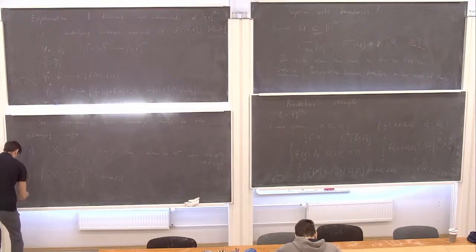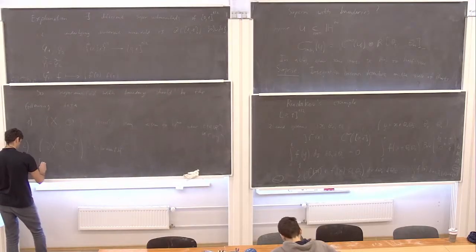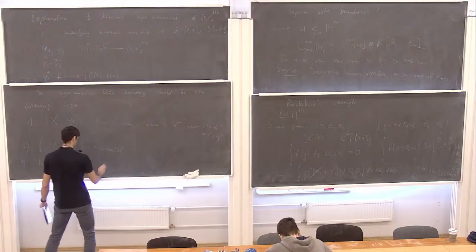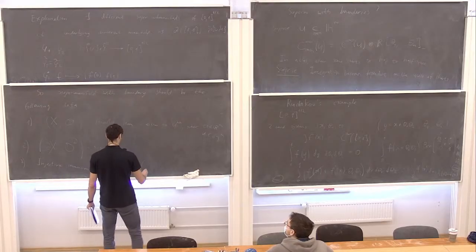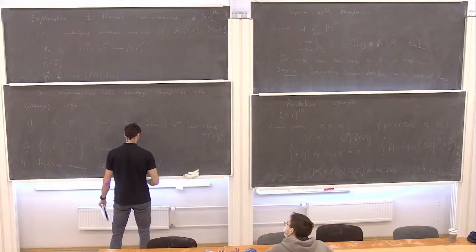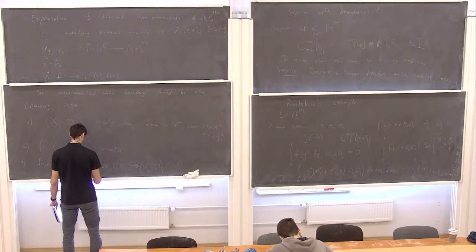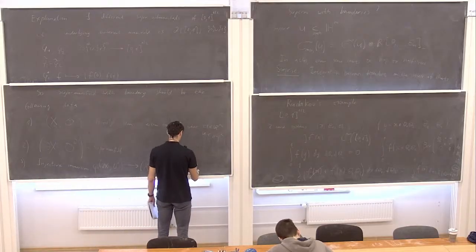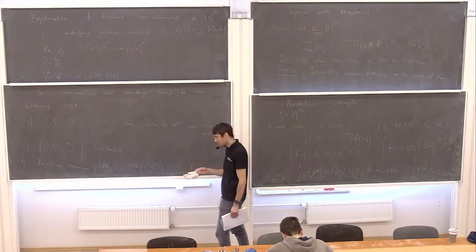And third, we need an injective immersion from ∂X to X, let me call it phi, such that of course phi tilde is just the inclusion of the boundary.